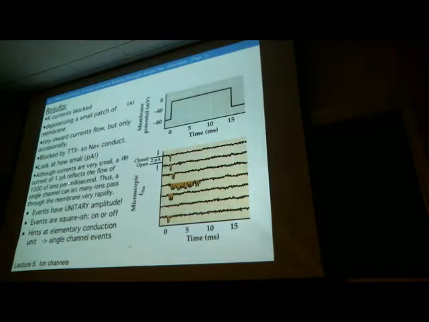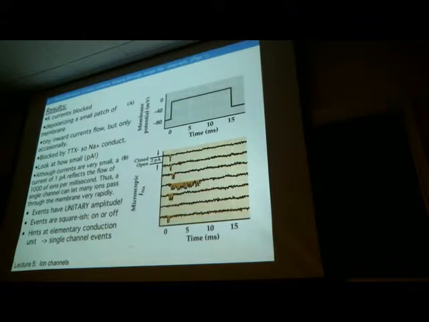These are very small, but even though they're small, they represent a lot of ions flowing, and they're all basically the same amplitude. If you go out and measure them, they basically come on, have a certain amplitude, and then shut off. And it's that unitary amplitude that gave people a clue: maybe this is just a single channel opening and closing.